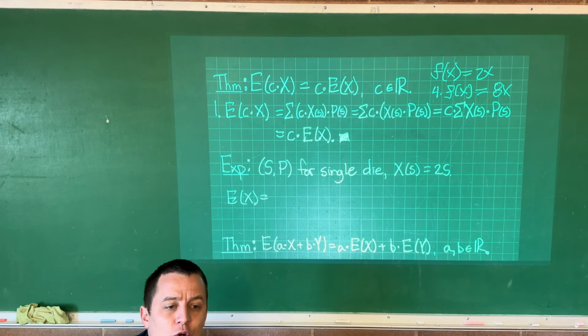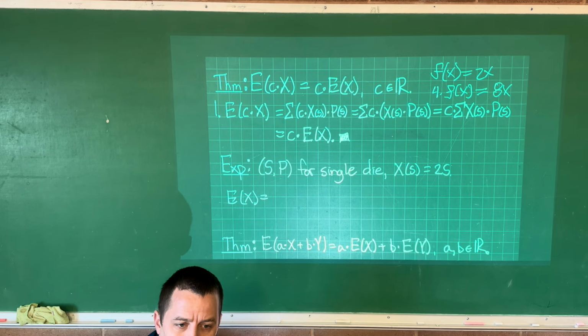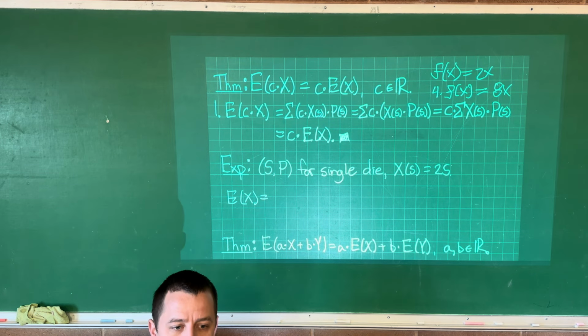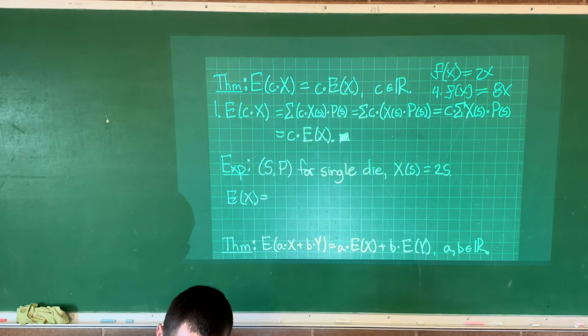Similarly, if I said, whatever you roll, I'm going to multiply it by 10. So if you roll a 1, I'm going to give you $10. If you roll a 2, I'm going to pay you $20. If you roll a 6, I'm going to pay you $60. Now what is the expected value? 35. Just 10 times whatever it was for your single die.